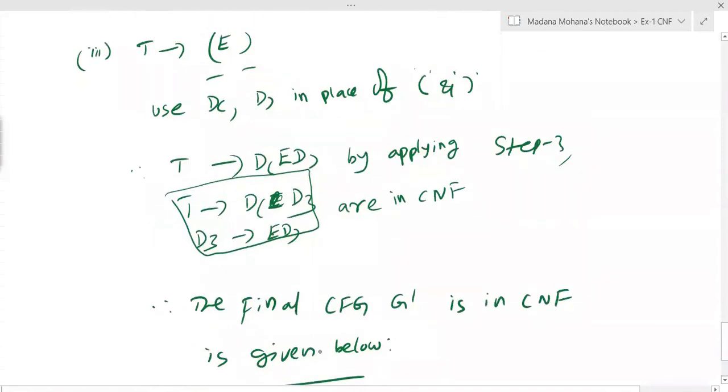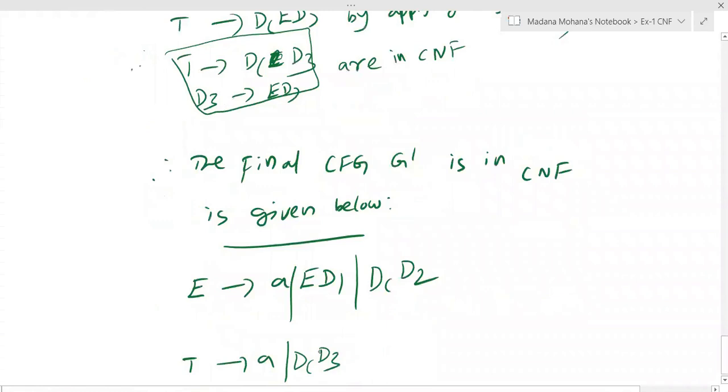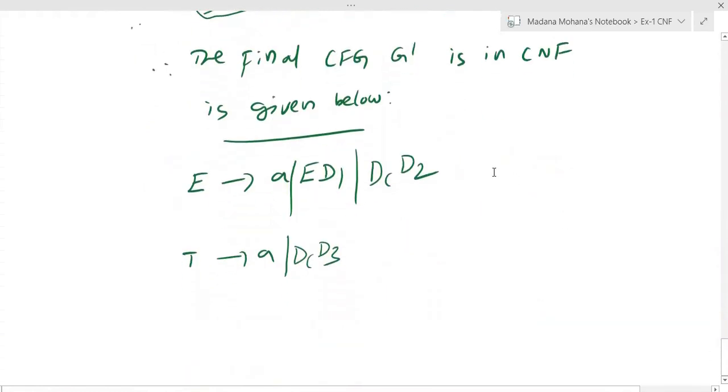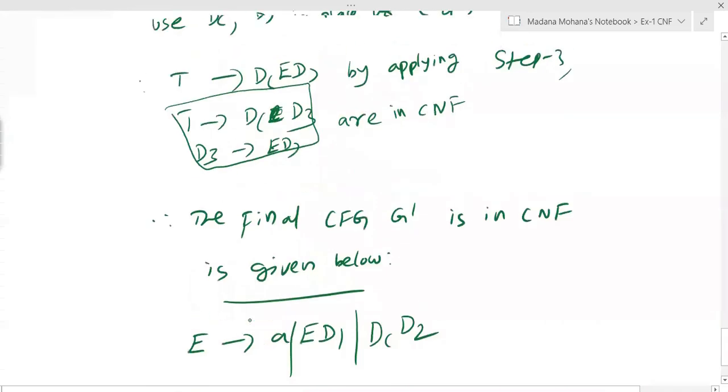Now here some new productions are also there, starting with a new variable. So that is D1, D suffix left braces, D2, then D3. All you can write down here. Now, what are the D1 productions here?